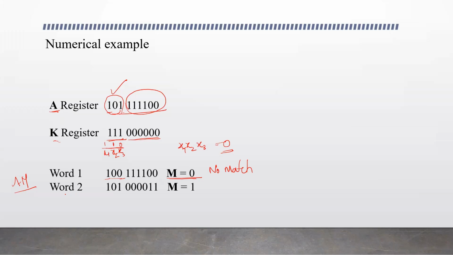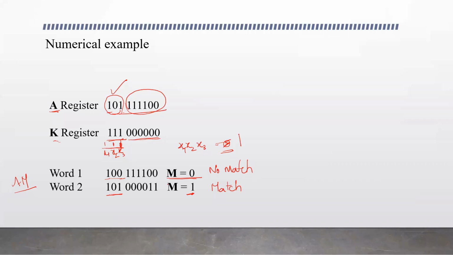And word 2 of the associative memory has the first 3 bits 101. It is the same as the content of the argument register, the word to be searched, 101. So here x1, x2, x3 would all be 1, and when ANDed, the result would be 1. So the match register bit will be set to 1. Here we have a match found.